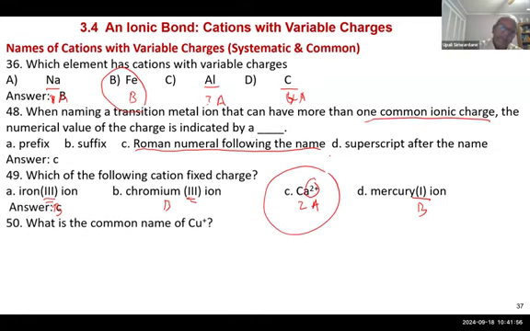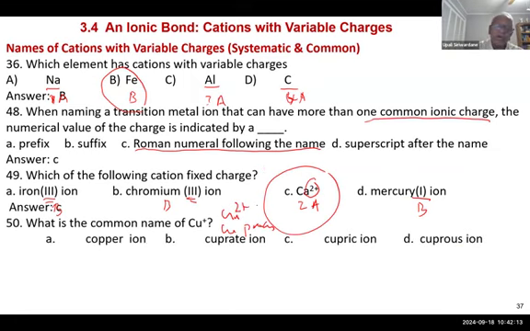What is the common name? This is cuprous. If you have 2 plus, cupric. Cuprous is the common. D is the correct answer.